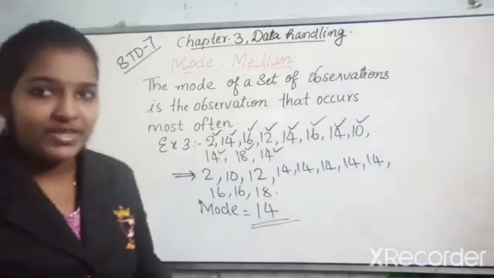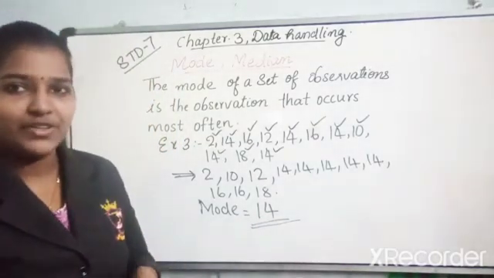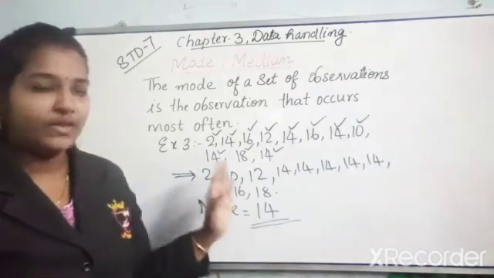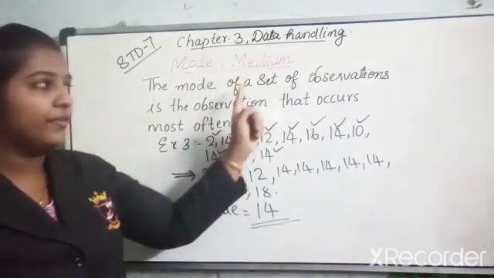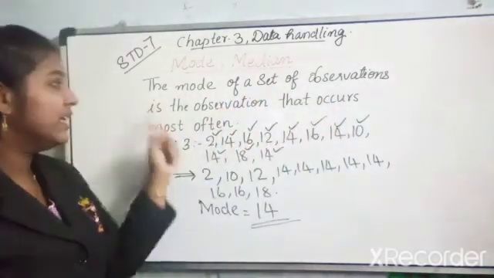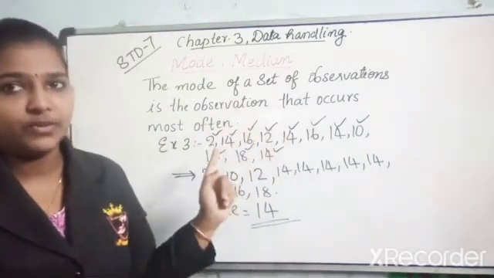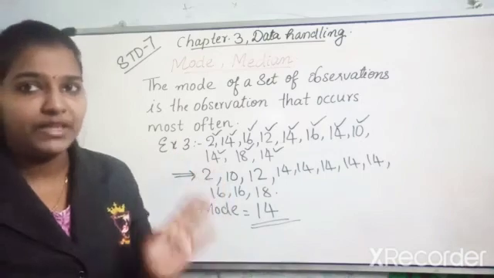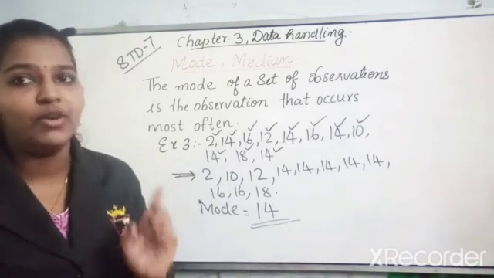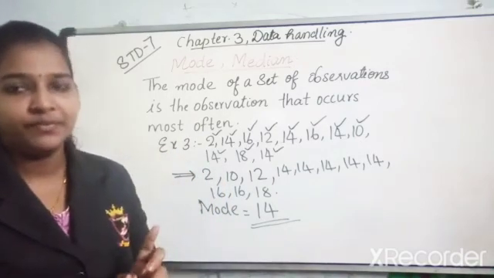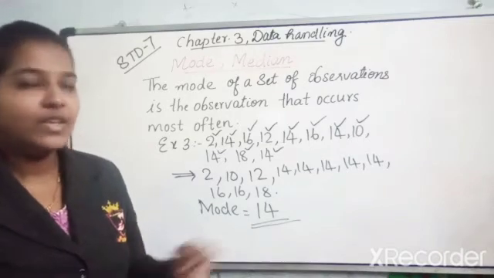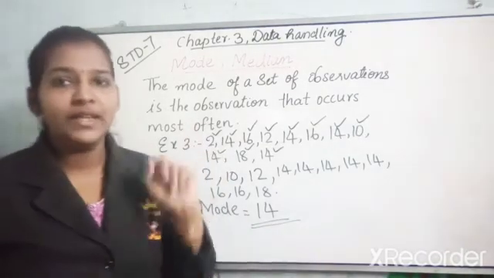So mode is 14. Clear, children? Okay. So always remember, the mode of a set of observations is the observation that occurs most often. So the most repeating observation is the mode of the given observations. Clear, children? Okay. So now we are moving to median.